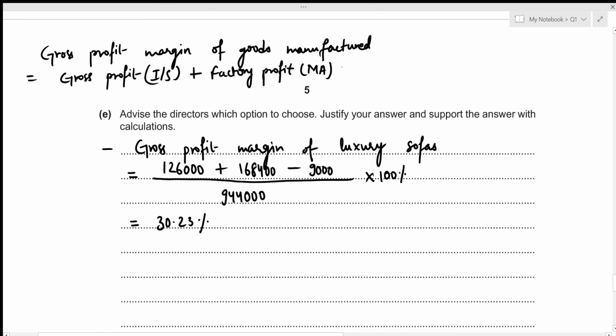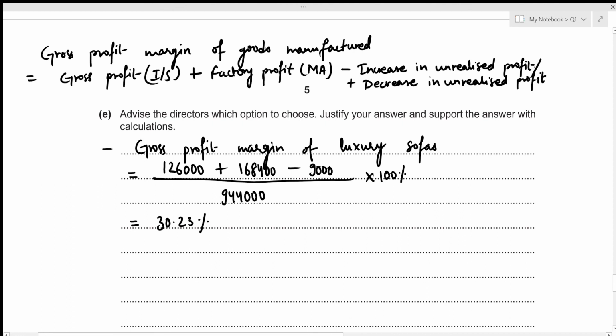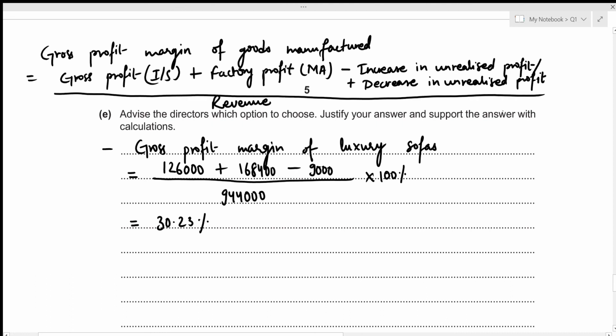Right, so if there's an increase, that's minus increase in unrealized profit. But in the case of a decrease, we will add it. So that's plus decrease in unrealized profit. And we just divide it by our revenue, and then we just multiply it by 100%. So this is the formula.